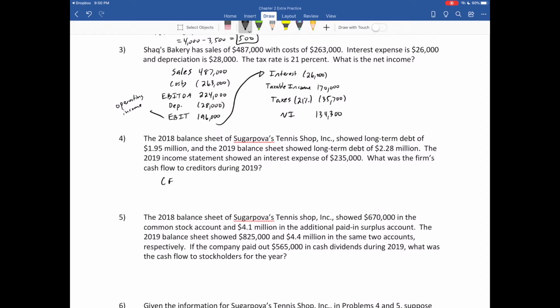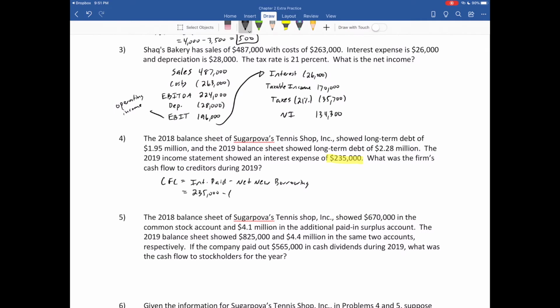Well, cash flow to creditors is equal to your interest paid minus net new borrowing. So the interest paid is equal to $235,000.